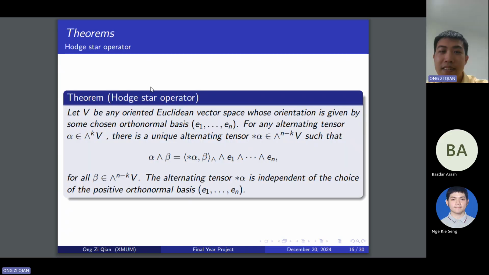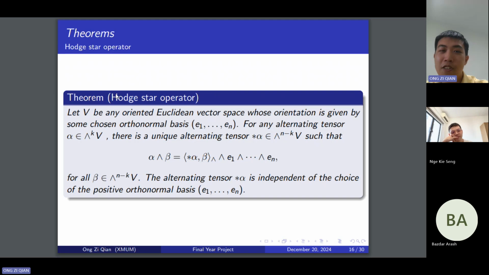We see this Hodge star operator, where we take alpha from lambda k, and beta is from lambda n minus k. Then we say that the wedge between these two is given by a unique alternating tensor in lambda n minus k.